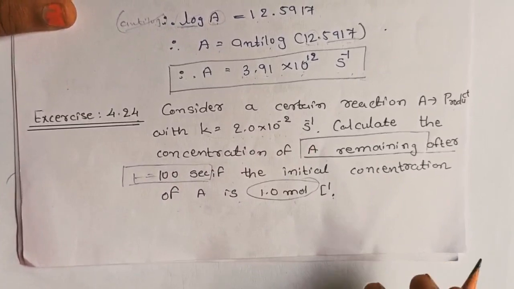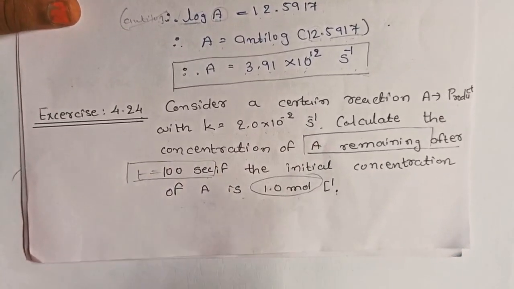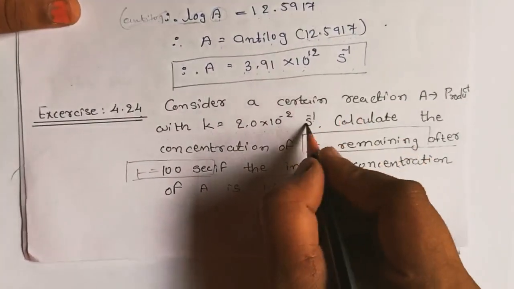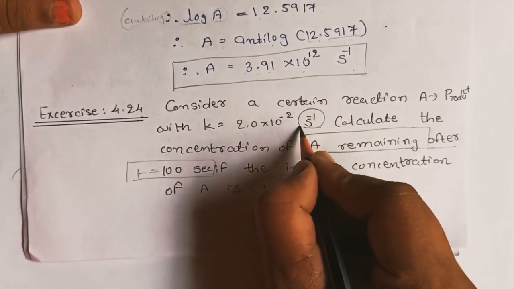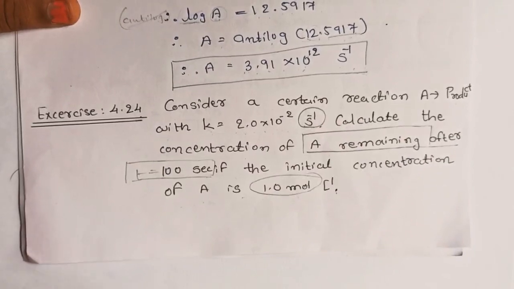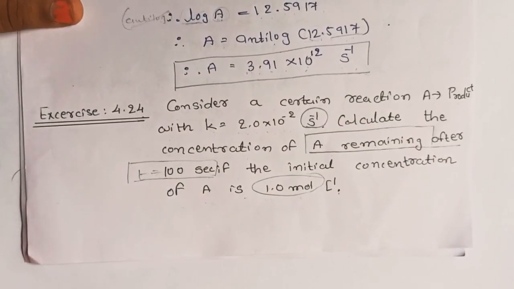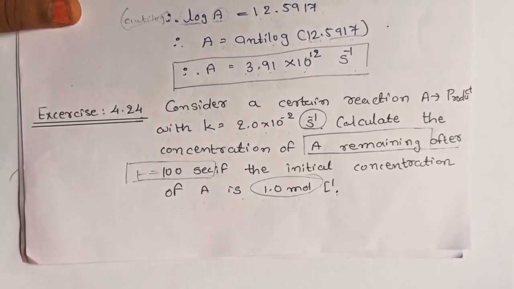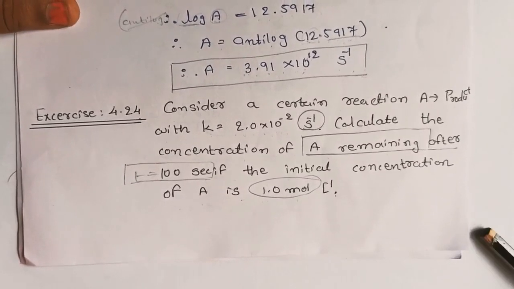Now here the order of reaction is not given in the question, but you can see the unit of that k, rate constant, and we discussed earlier in the theory that if we know the unit of rate constant, we can decide the order of reaction.